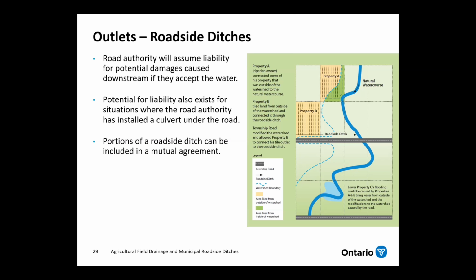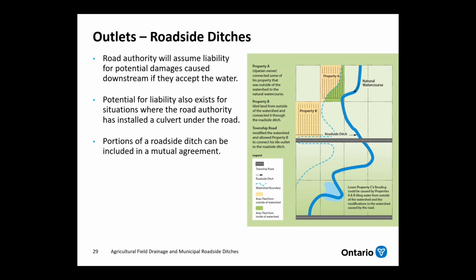So similarly, you have to be aware here, if you're going to allow someone to use a roadside ditch, even if your roadside ditch goes into a natural water course, as you can see on the right-hand side here, we have a roadside ditch that brings water into the natural water course. Property B, in this particular case, was either illegally or given permission to discharge their tile drainage system into the roadside ditch.